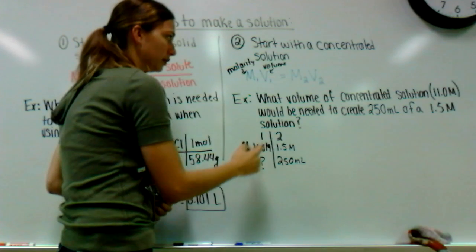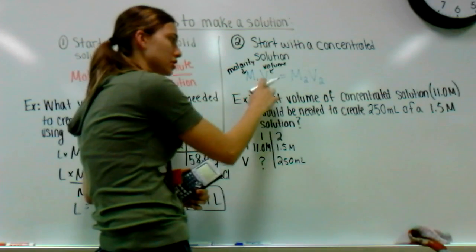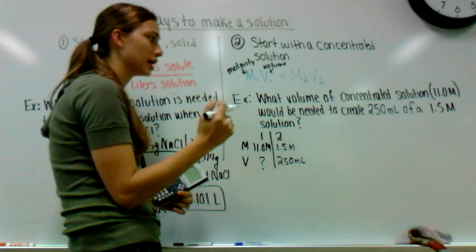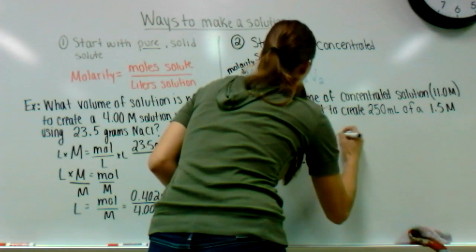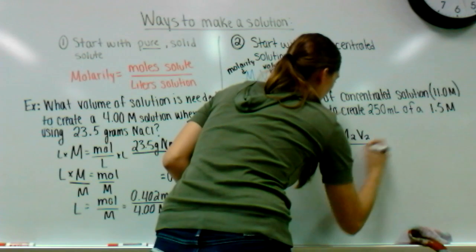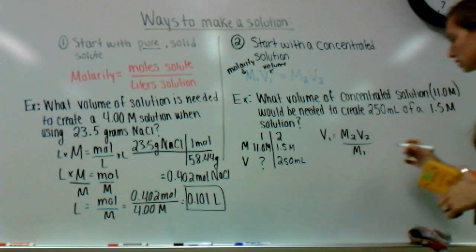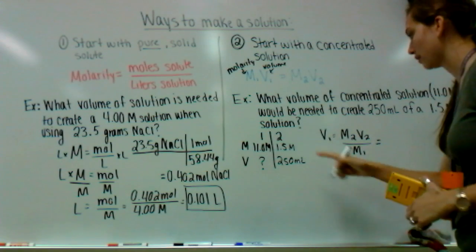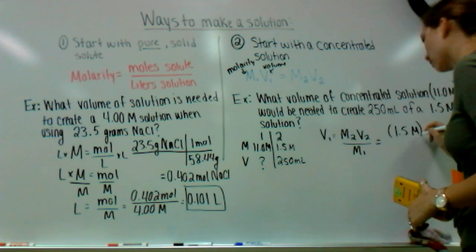So we're solving for V1. So let's rearrange our equation so we get V1 by itself. These two are multiplied, so we can divide both sides by M1. So we're going to end up with V1 is equal to M2 V2 over M1. Now we can just plug in our variables. So M2, we have 1.5 molar.